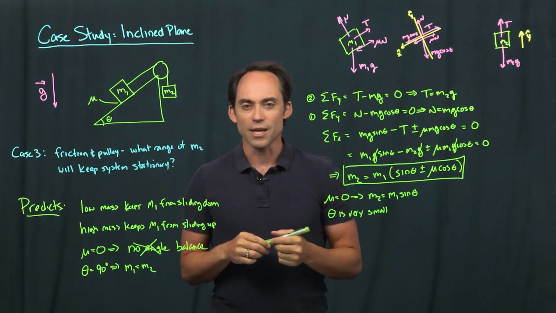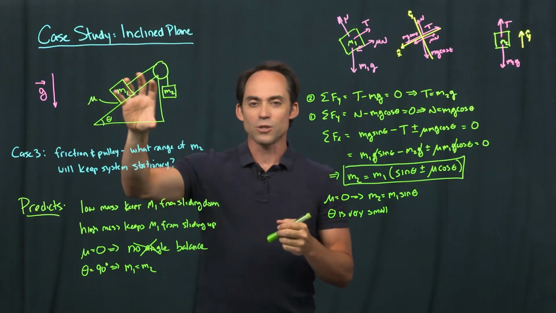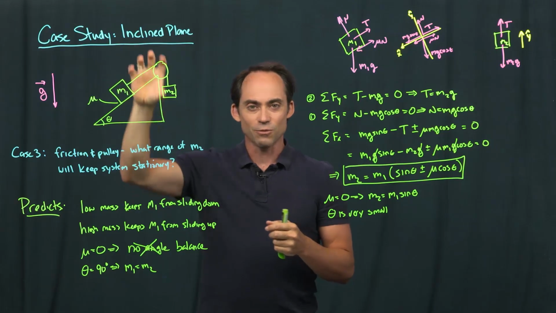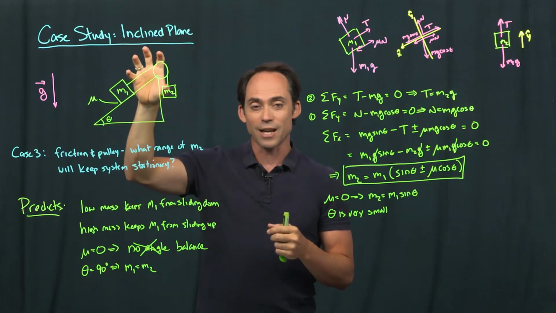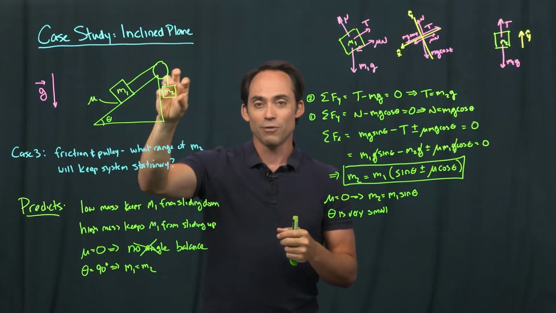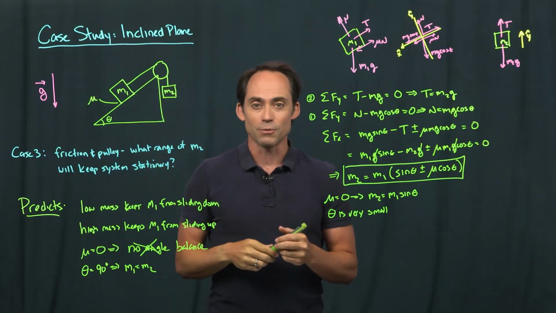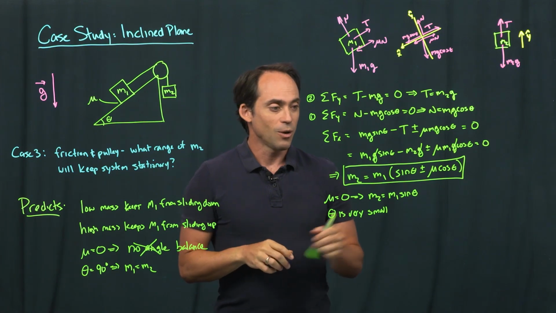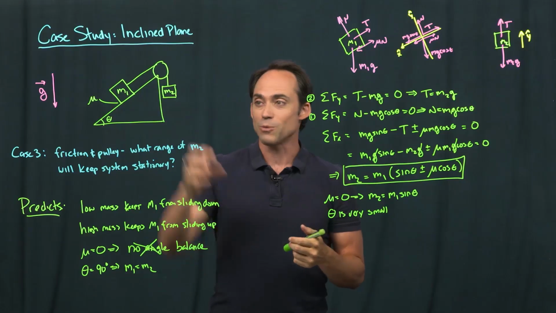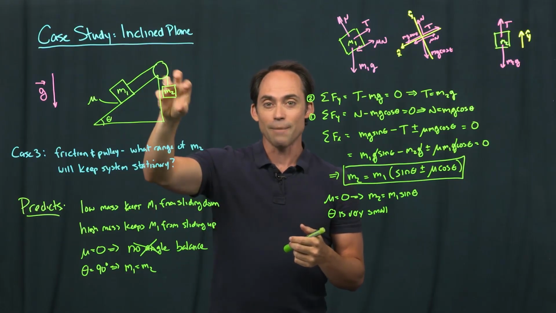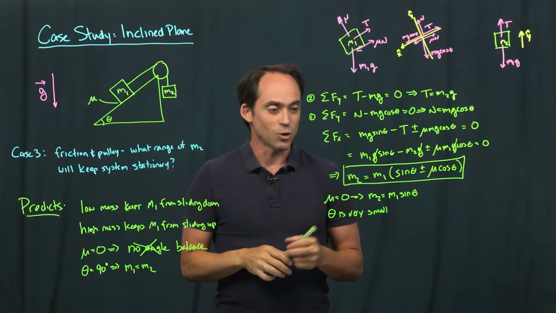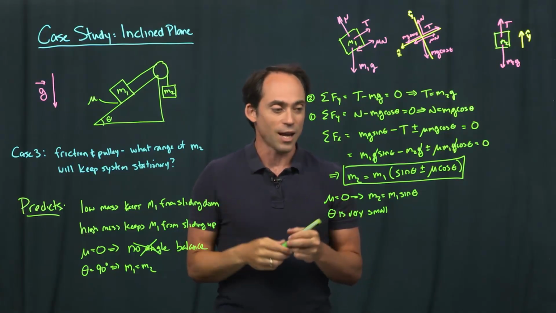But what it's really telling us is that if the angle is so small, then mass 1 is very heavy and provides lots of normal force on the surface, and it's providing a lot of friction. So this mass 2 can be very large and still not pull the object over. Whereas if I do the plus sign, I can get a very large factor for mass 1. In that case, you're going to need a lot of mass to start to pull this thing off to the right side. So for theta small, you get a much wider range.